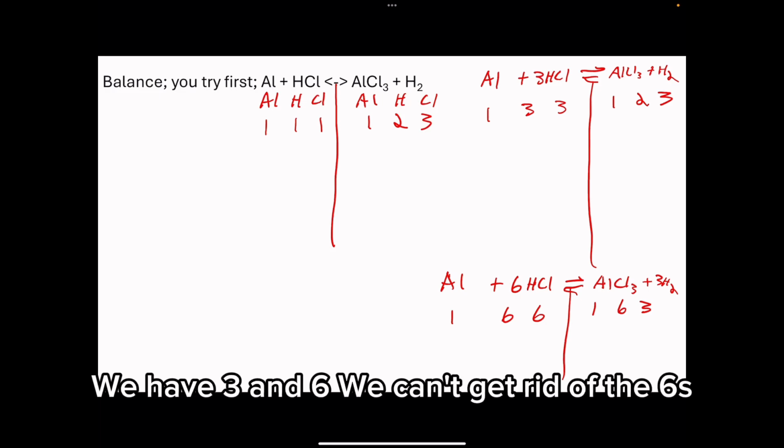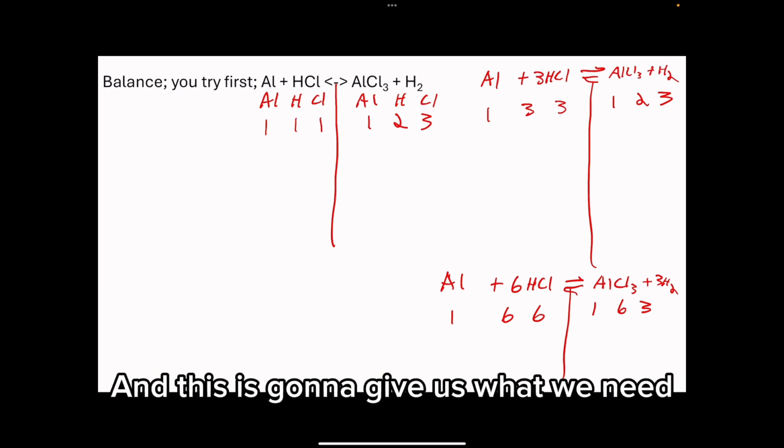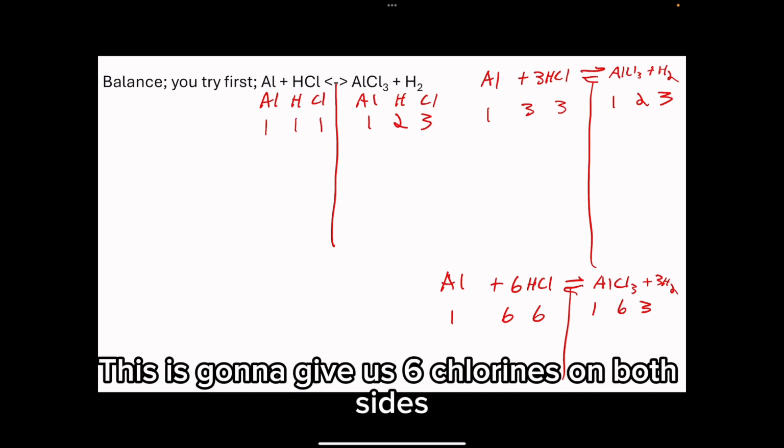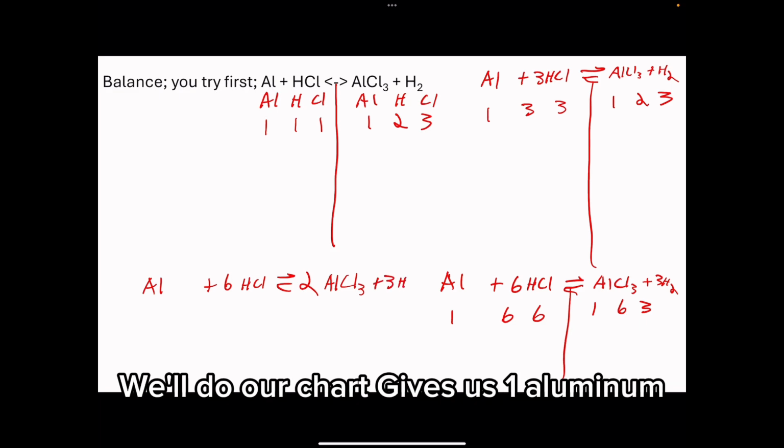We can't get rid of the 6s, so we're going to have to multiply the AlCl3 on the right side by 2. This is going to give us 6 chlorines on both sides. So we're going to have aluminum plus 6HCl gives 2AlCl3 plus 3H2.